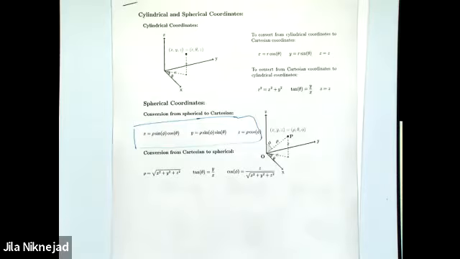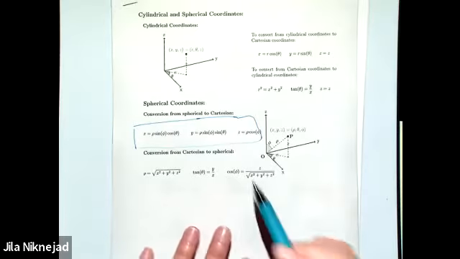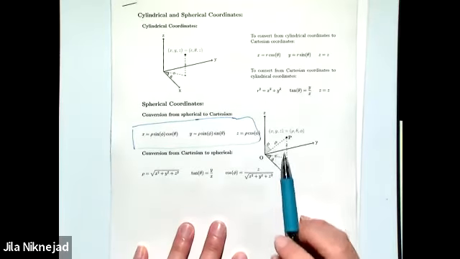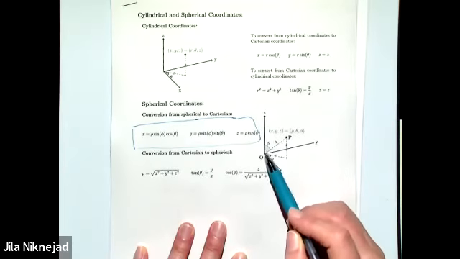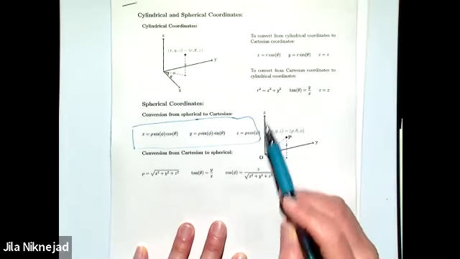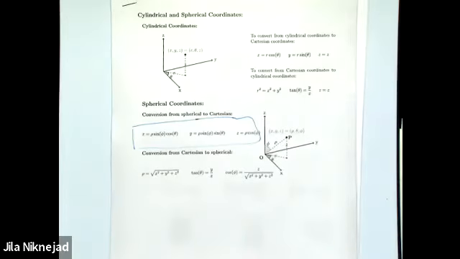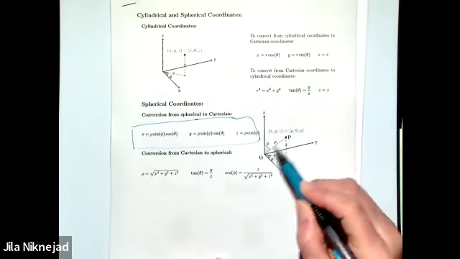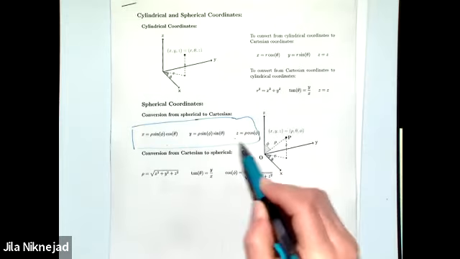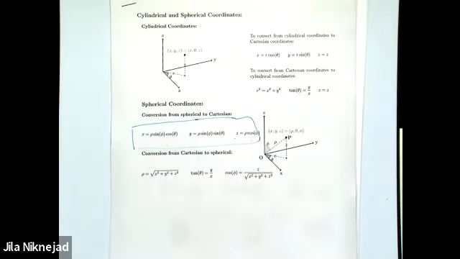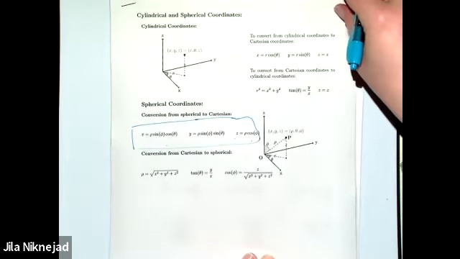I'm not very big on memorization, but you can also look at how things are: phi is the angle between the position vector of the point and Z, and rho is the distance between the point and the origin. So you can basically draw these conversion formulas. It's something to memorize, and it's good because you will need it later.